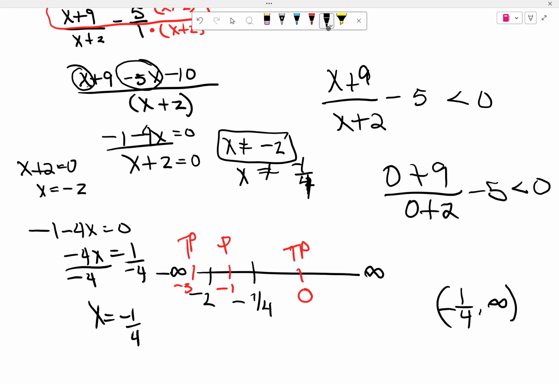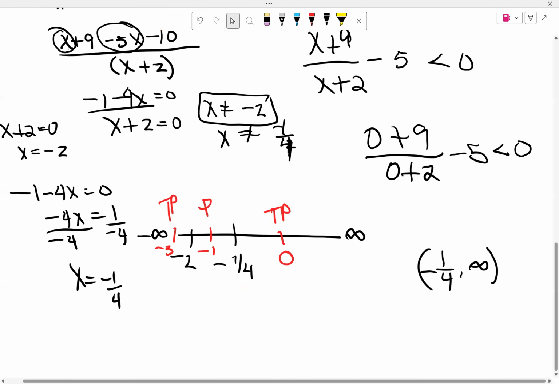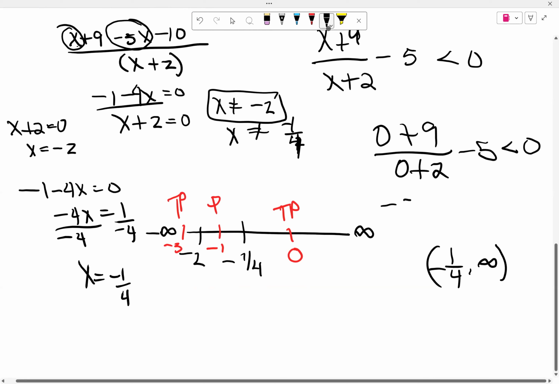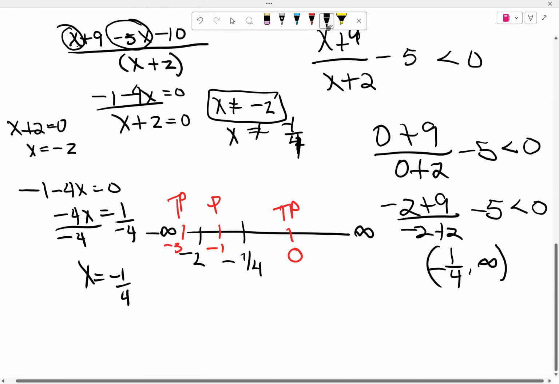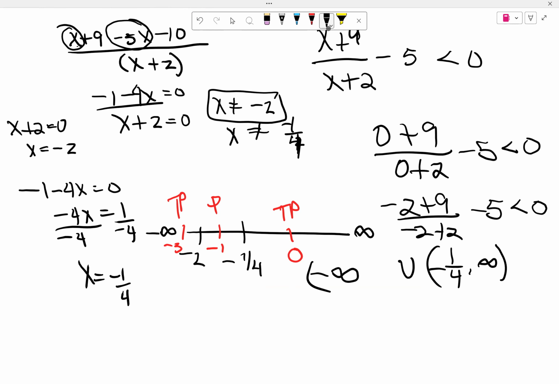Definitely that. Common sense, I'm looking at the -1/4, and I almost don't feel like testing it. Let's test a -2. -2 plus 9, that's positive. And -2 plus 2, well, that's going to give me 0. -5 is what's left, and that is less than 0. That works because that is also negative. So technically, this works. -infinity to -2 works.